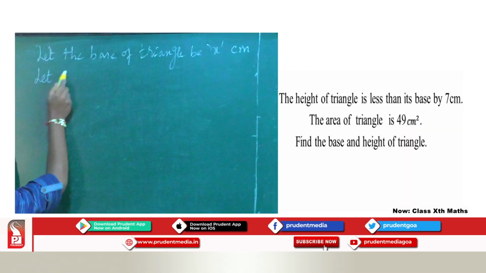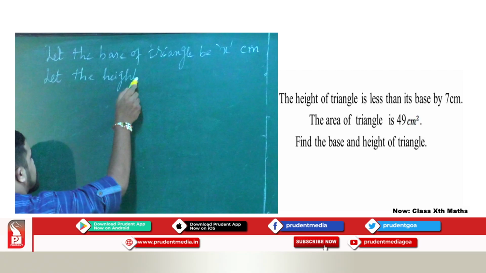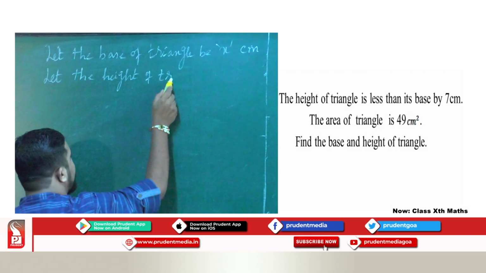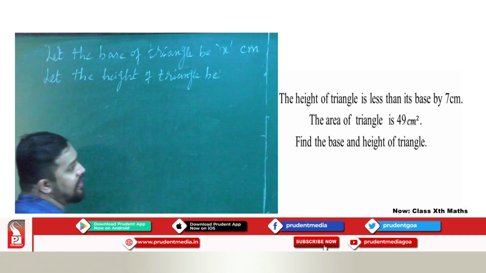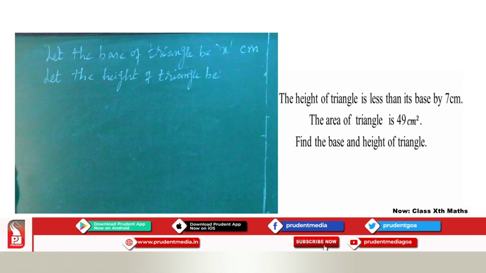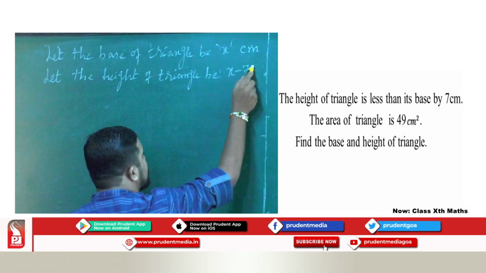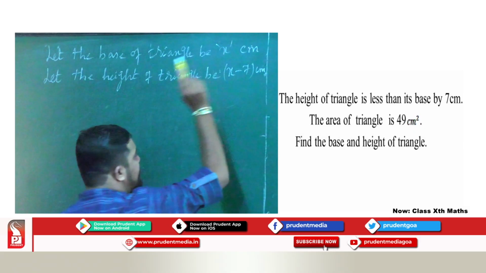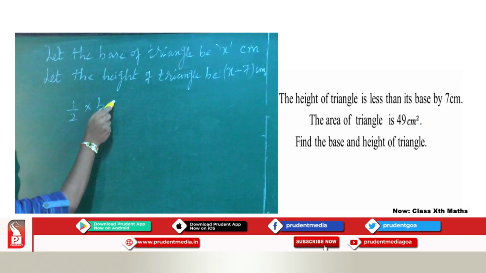Let the height of the triangle be less. Less means negative. So by how much? x minus 7 centimeters. Now the direct formula: area of triangle is half base into height.